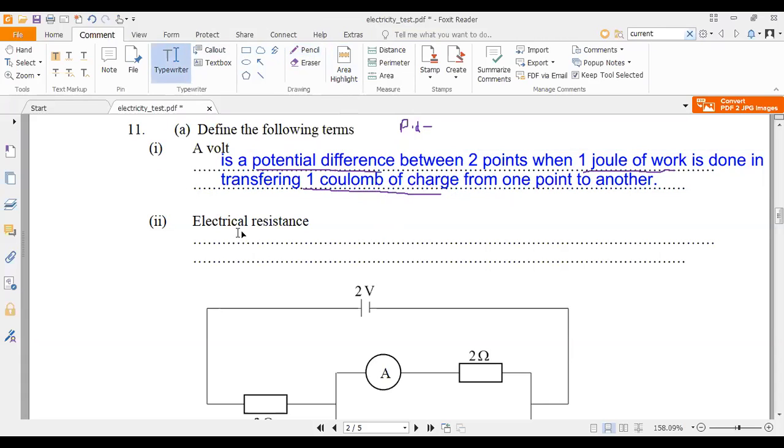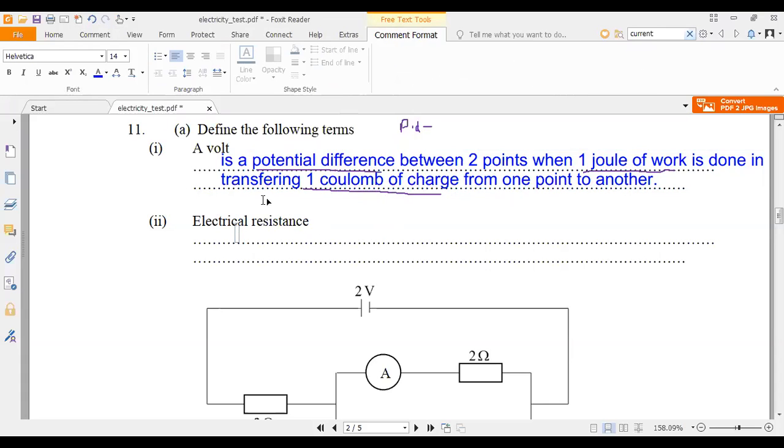Okay, so the second question, they are telling us to define electrical resistance. So we all know that electrical resistance is defined as the opposition to the conduction or flow of current in the conductor.